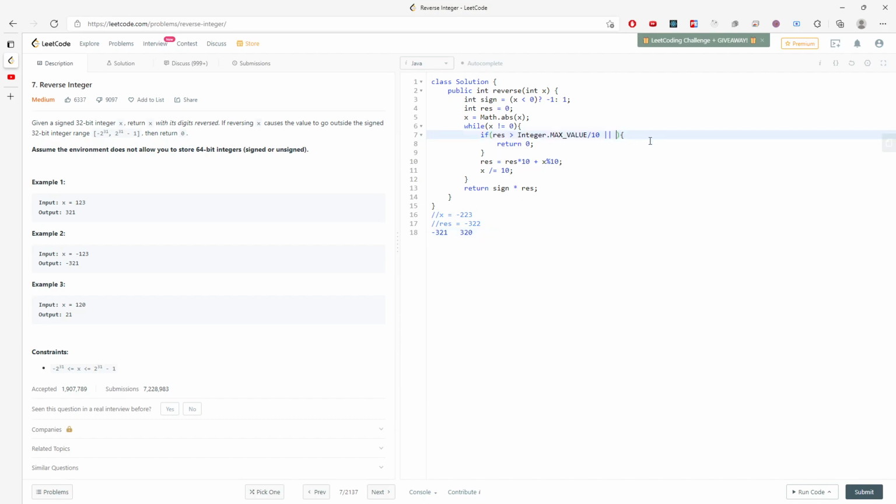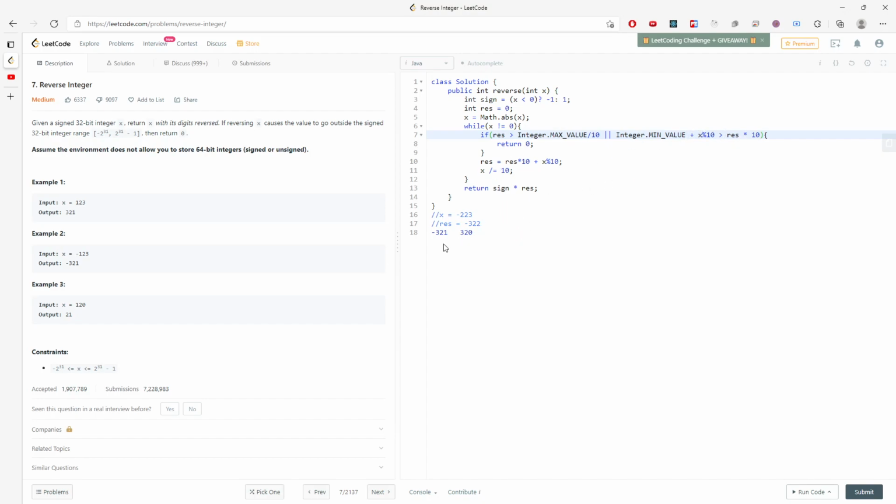So integer min value plus x mod 10, you always add x mod 10, and because it's actually the absolute value, if that is greater than the result multiplied by 10, you return 0.